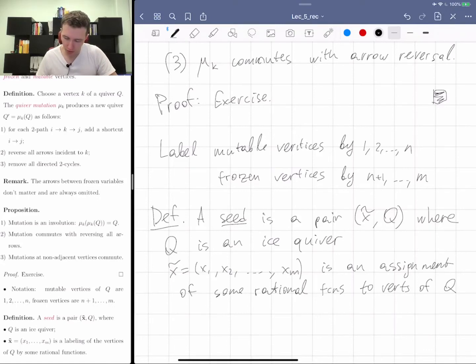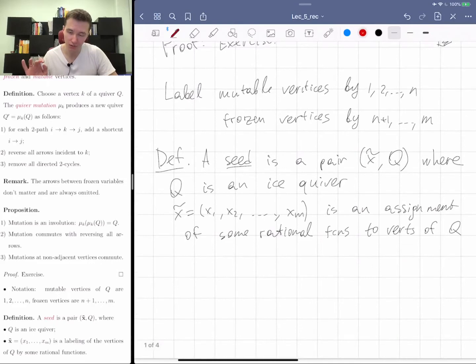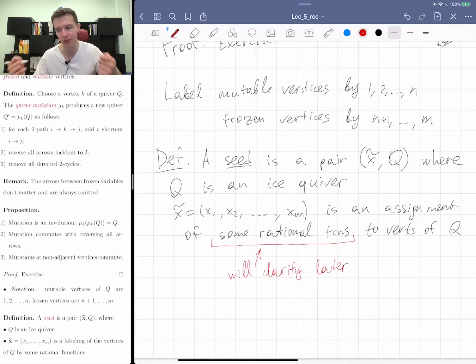Here I'm being intentionally vague, saying some rational functions, and I will clarify this later. I'm going to require that these are algebraically independent and that they generate some ambient field. But so far, let's just assume these are some rational functions.